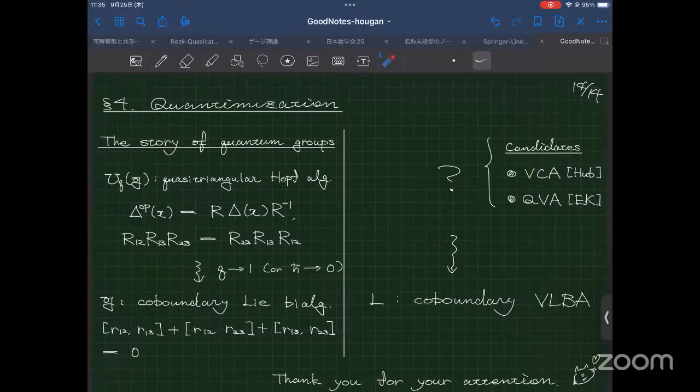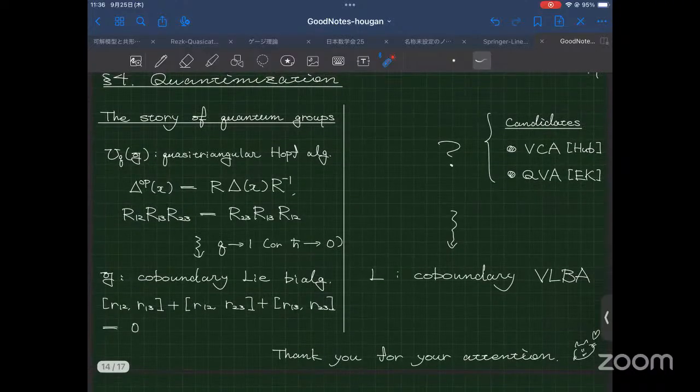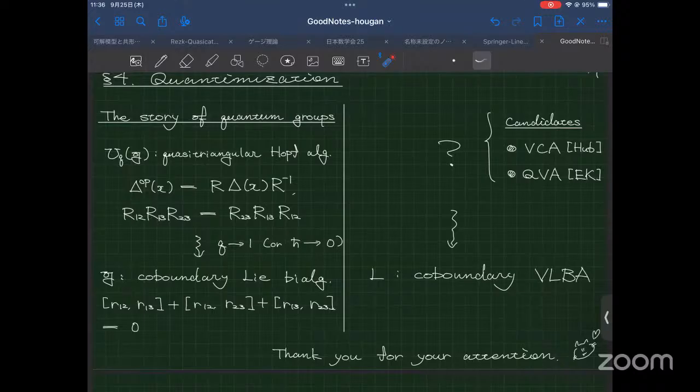Okay, finally, I would like to introduce the quantization problem. Recall the story of quantum groups. Quantum groups carry a quasi-triangular Hopf algebra structure, and in this context, the element R is called the universal R-matrix, and the corresponding equation is called the Yang-Baxter equation.